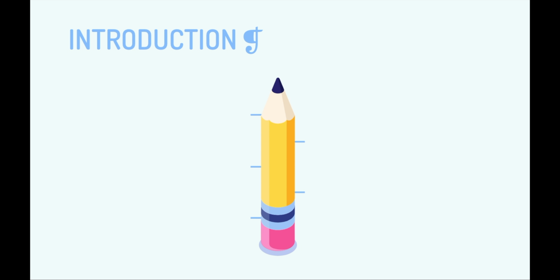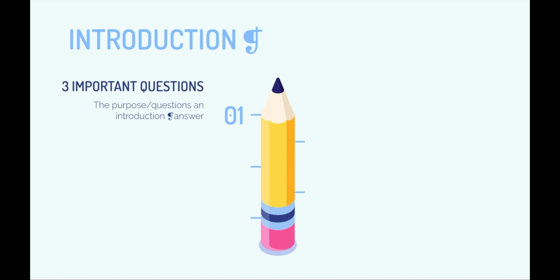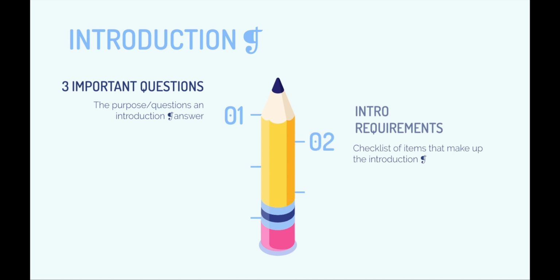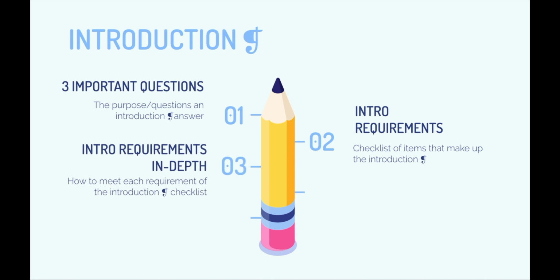So the introduction video is going to be broken up into 5 different sections. First, we're going to start off with what are the 3 important questions that an introduction answers. We're going to move into the requirements that make up an introduction, and then we're going to go in depth and go through each explanation of those requirements and not necessarily just look at this list and do it.